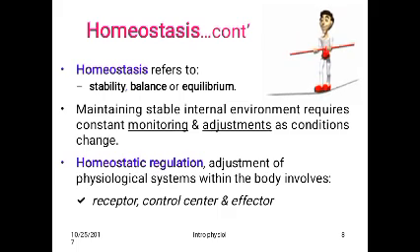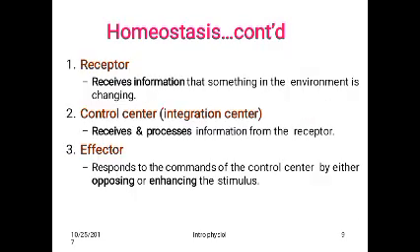Homeostatic regulation. Adjustment of physiological systems within the body involves a receptor, control center, and effector. The receptor receives information that something in the environment is changing.